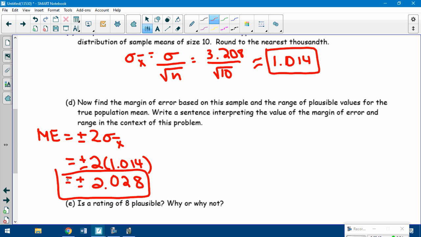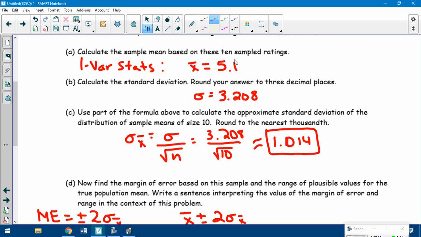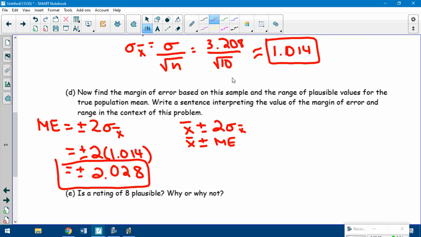And then if I want to find the range of plausible values, I take the mean and I add or subtract 2 standard deviations. Or in other words, I'm taking the mean plus or minus the margin of error. Now, the only mean I have to go off of is my sample mean. So we'll hopefully assume that that's going to be representative of the whole population, plus or minus 2.028.